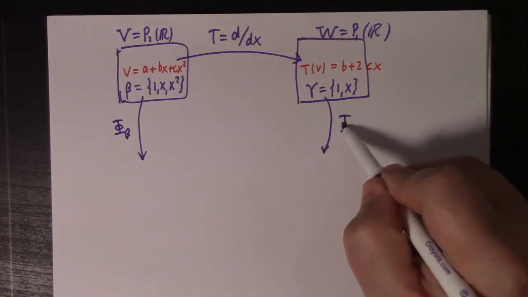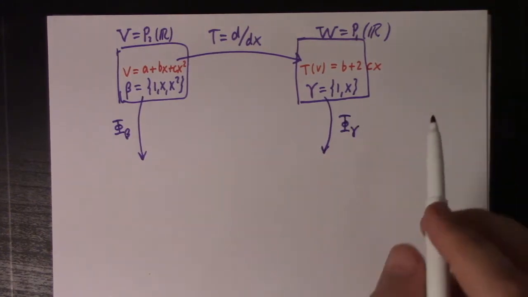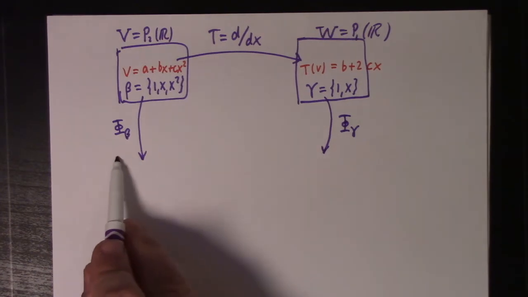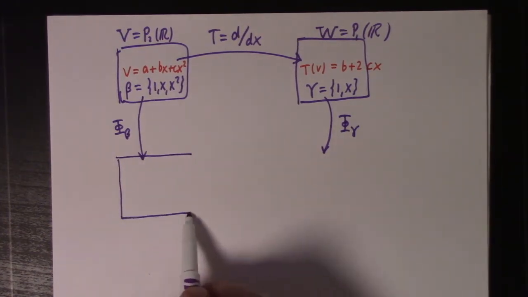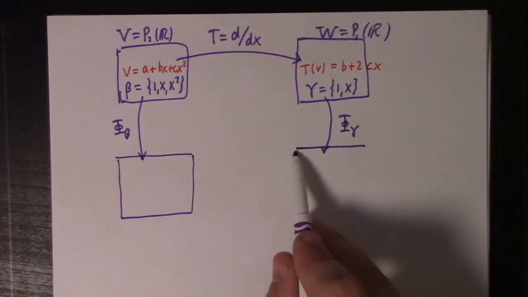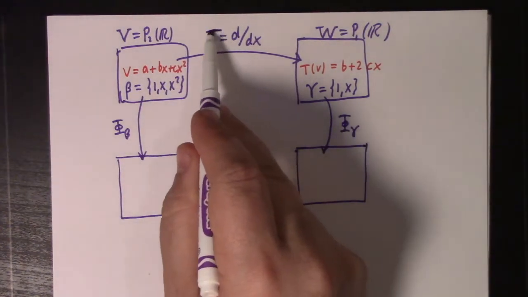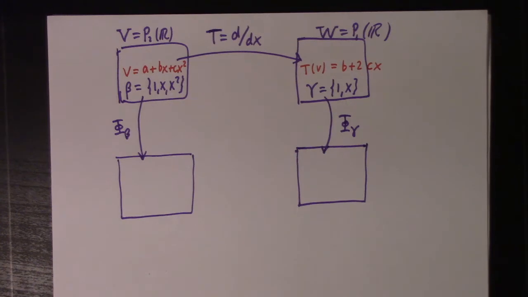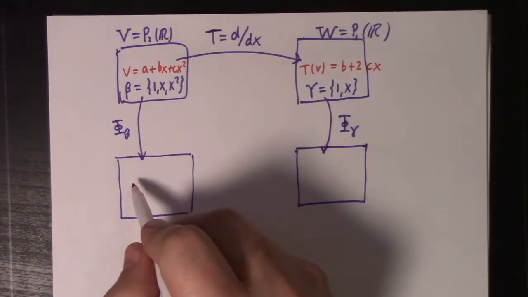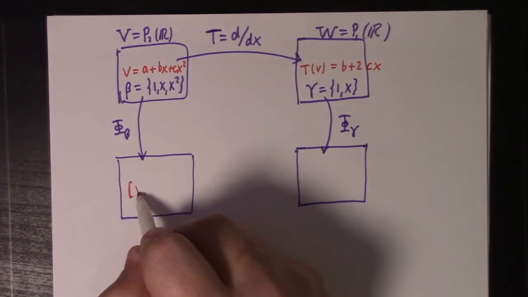Now, typically for these problems, the bases beta and gamma are given to you, so you just have to work with them. A pretty typical problem that I assign is just to find the matrix of T given a pair of bases. So I'm running through a typical example here.